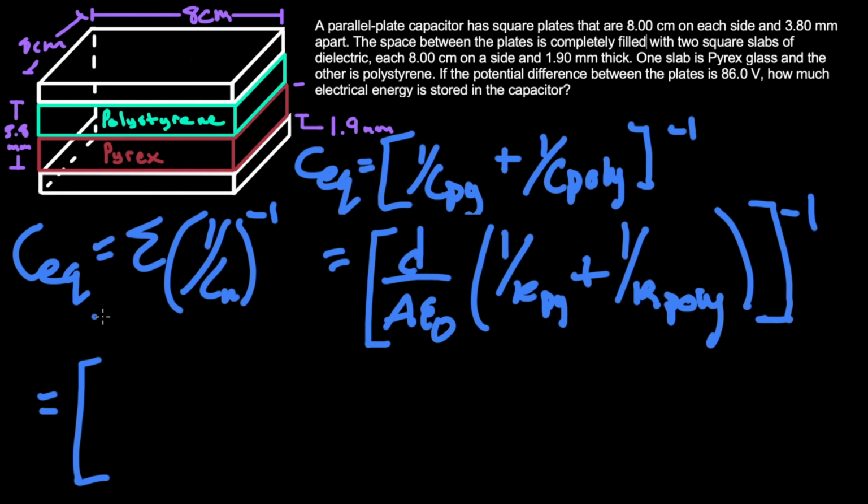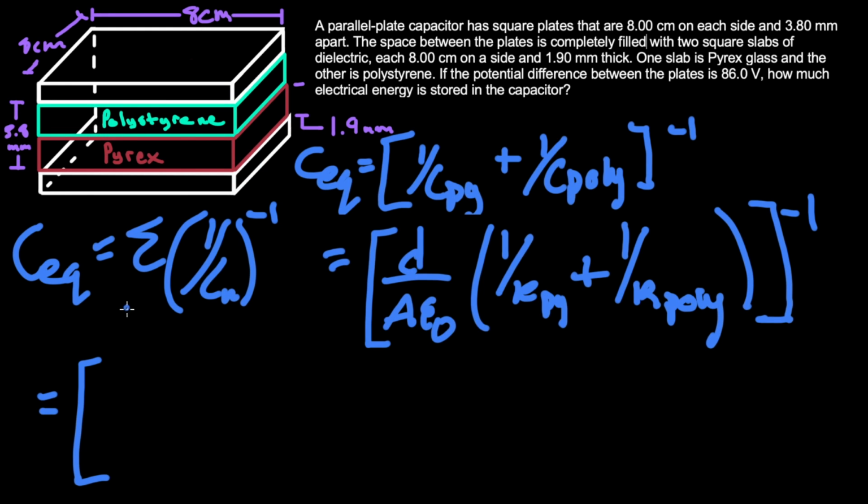It's going to change mediums there. So that is the distance between each capacitance set, between the plate and the polystyrene and between the Pyrex and the other plate. Or you could view it as between these two and then these two, however you want to think about it.